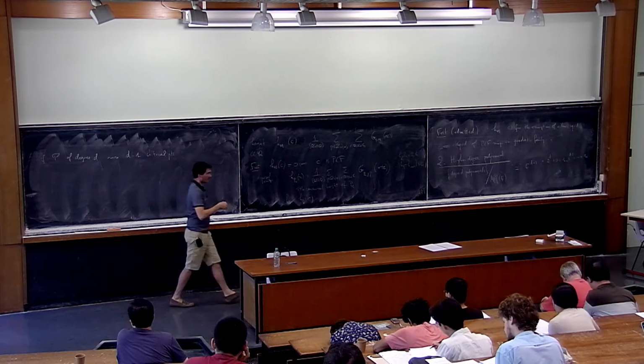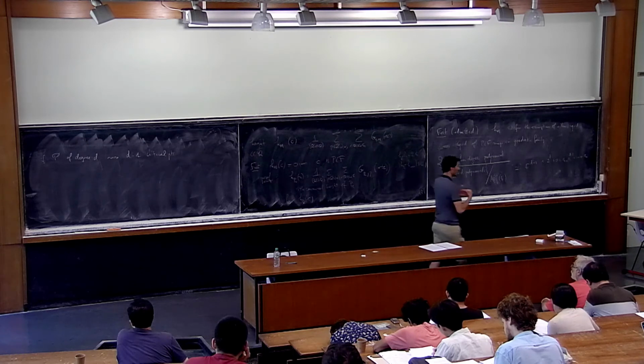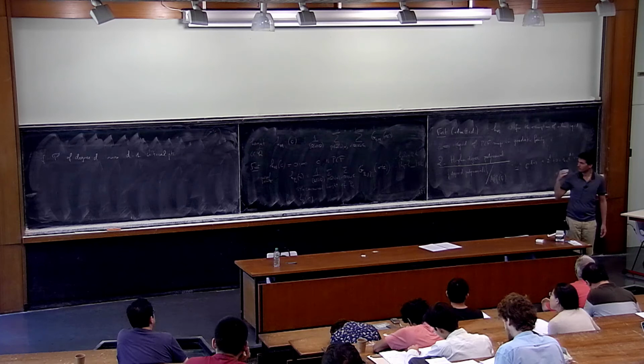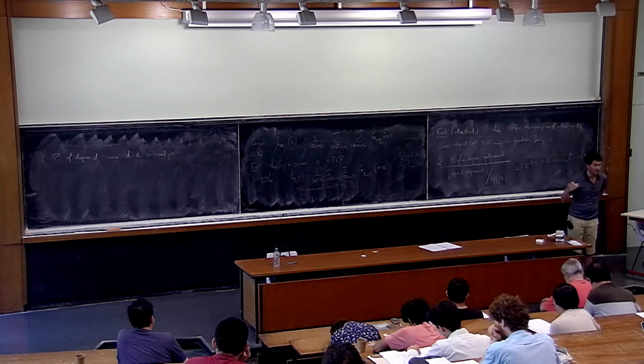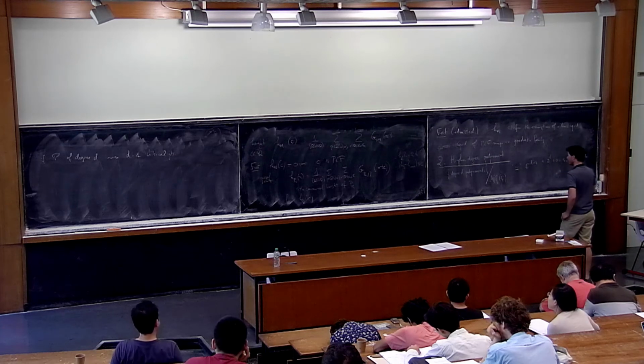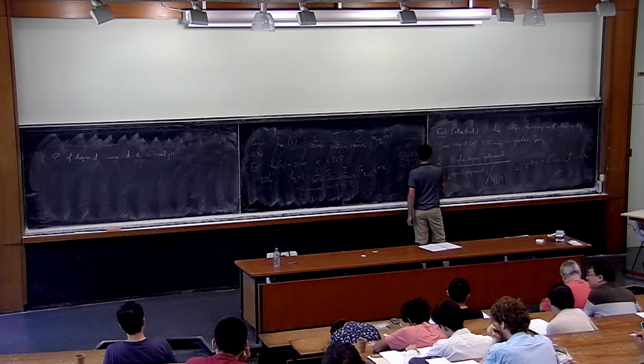And as I said several times, the dynamics of critical points, in a sense, determines all the dynamics of P. So what you have to understand, if you want to understand the dynamics of a polynomial, is the dynamics of the critical points. And that's the moduli space of polynomials of degree d.